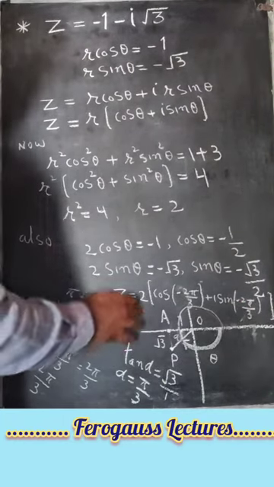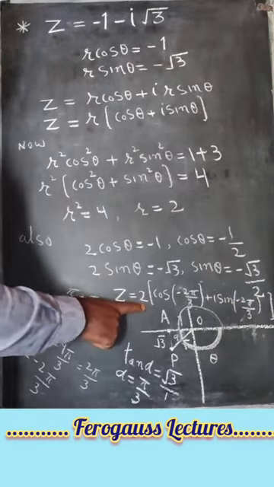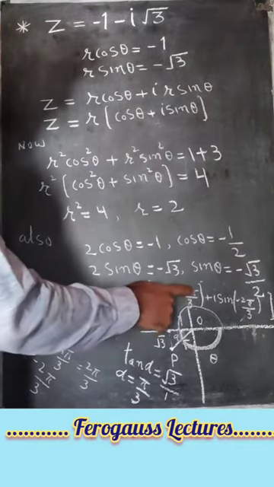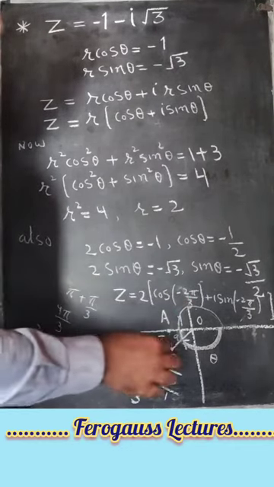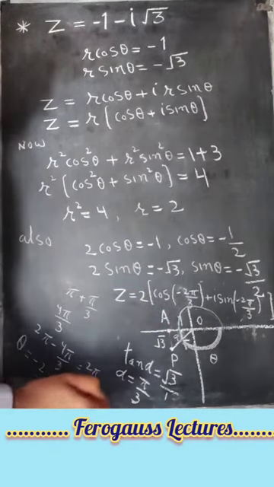So this is the polar form of z, while 2 is modulus of the complex number z and minus 2 pi by 3 is argument of this complex number. This completes the question.